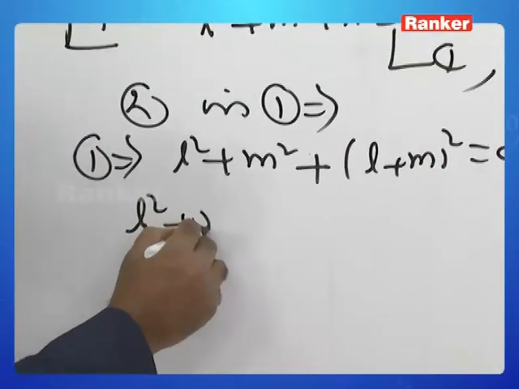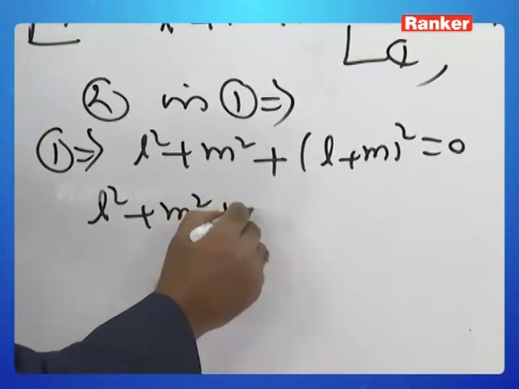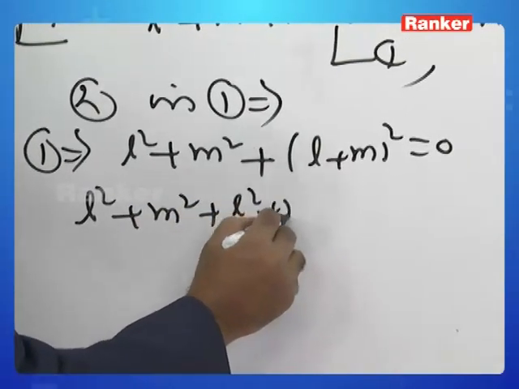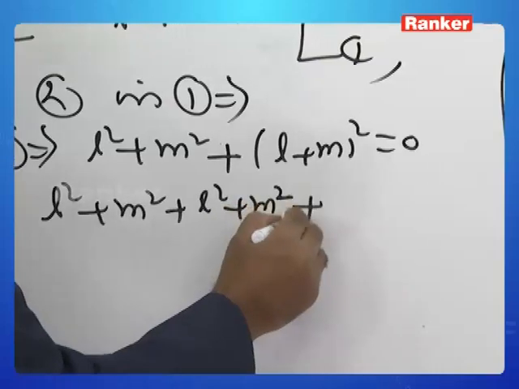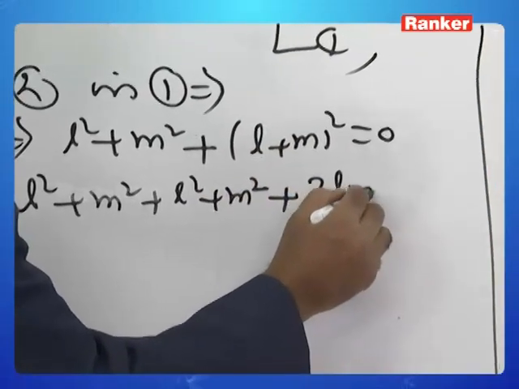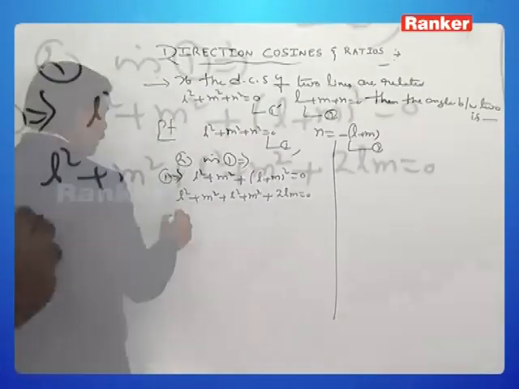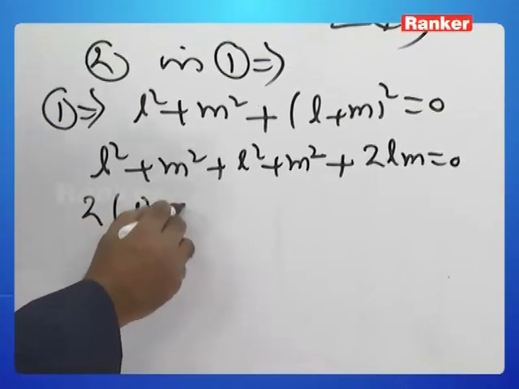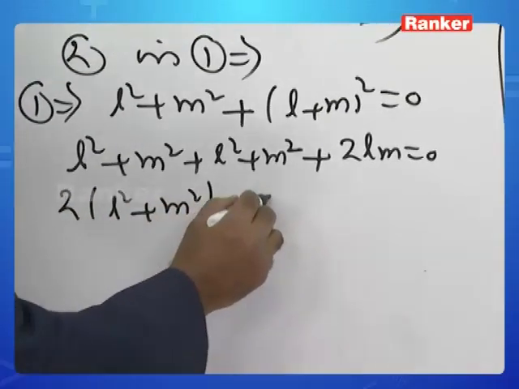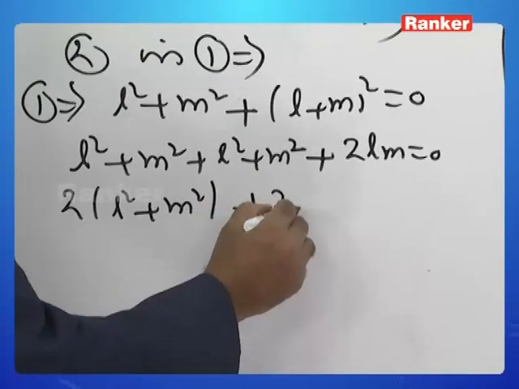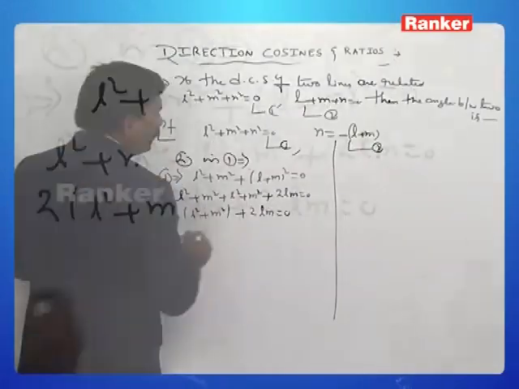So therefore, L square plus M square plus L square plus M square plus 2LM is equal to 0. Now you take 2 L square plus M square plus 2LM is equal to 0.